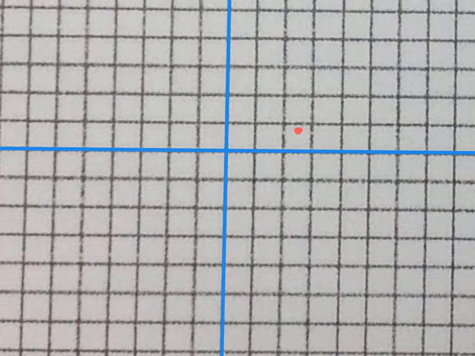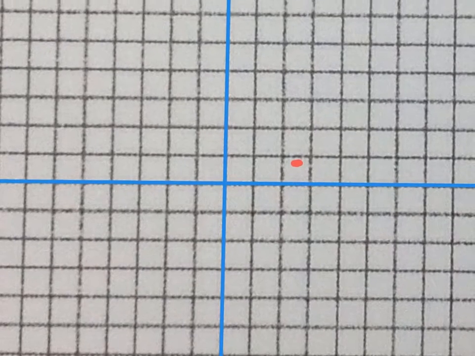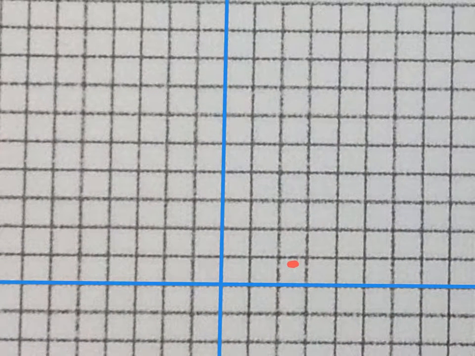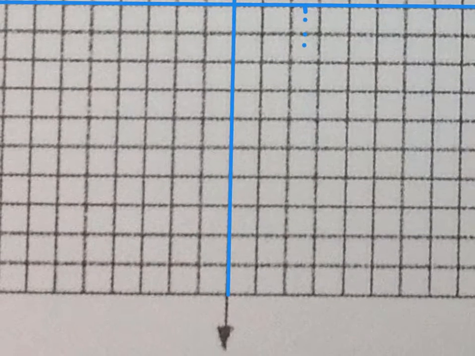So it's right here, kind of floating in between nice coordinates. That's really ugly. That's the vertex. The axis of symmetry will be the line going right through it. So we just do a little dotted line. Well, it's not perfect, but it's right between the 2 and the 3 at the 2.5 mark.